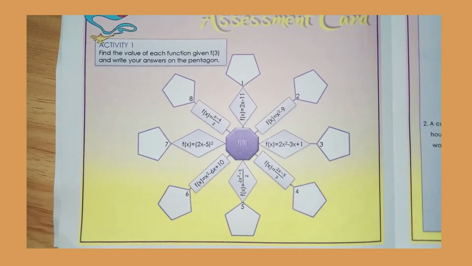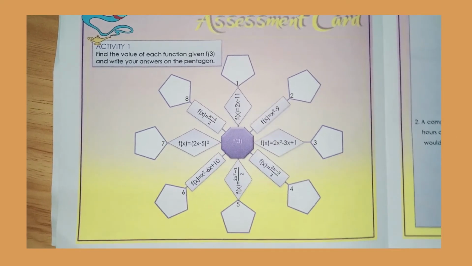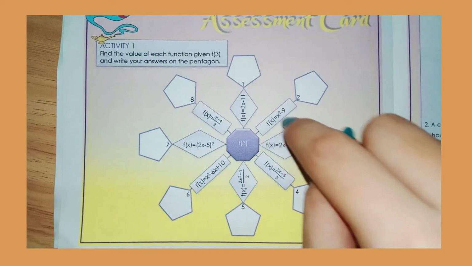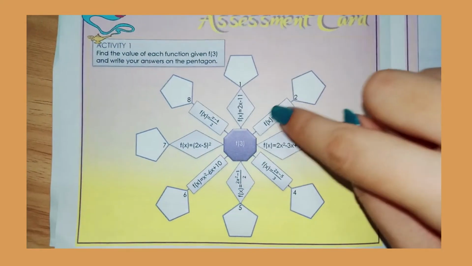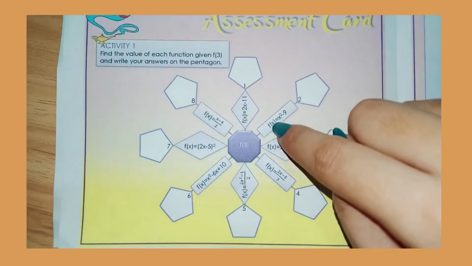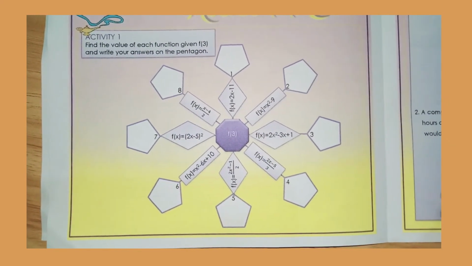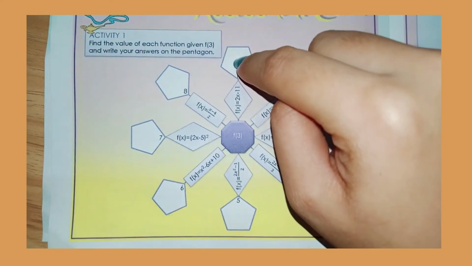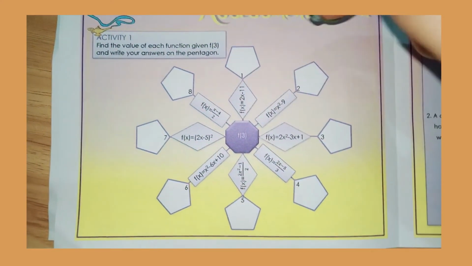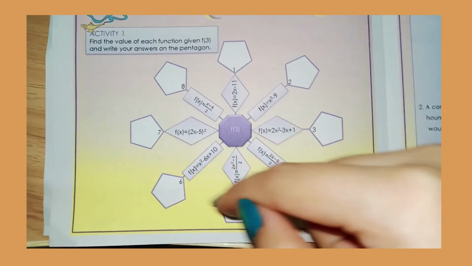And then, you need to solve for each number. So, sabi nyo dito, lahat daw dito, papalitan natin ng 3. So, lahat ng x na nakikita nyo sa bawat number, papalitan lang siya ng 3. You need to show your solution and then write your final answer in the pentagon. Pagkita yung solution, yung final answer sa loob ng pentagon.